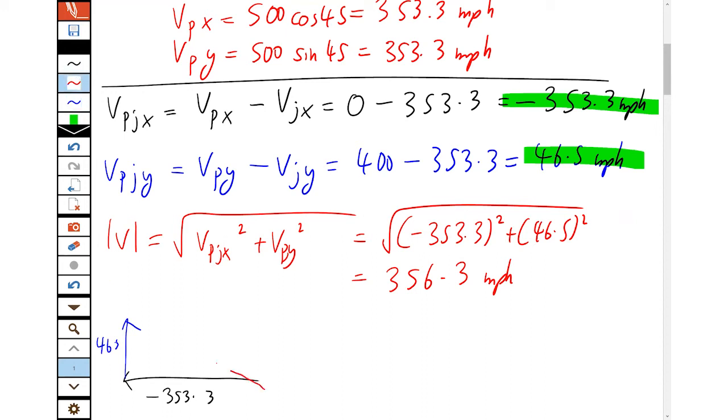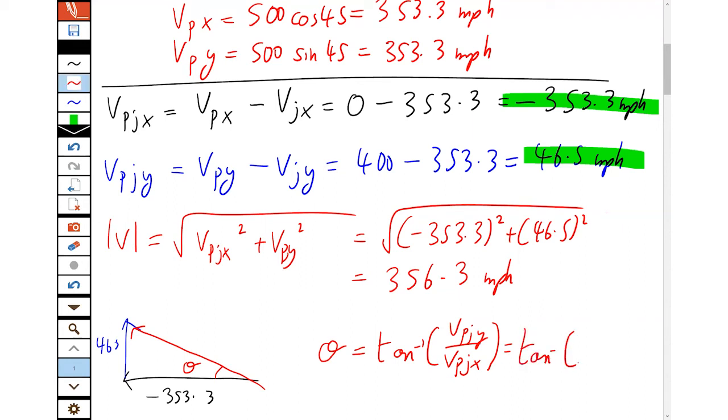So if we wanted to find that angle, we could find it from the inverse tan of the y component over the x component, which is 46.5 over 353.3, which is 7.5 degrees north of west, which gives us the full velocity of the thing as well.